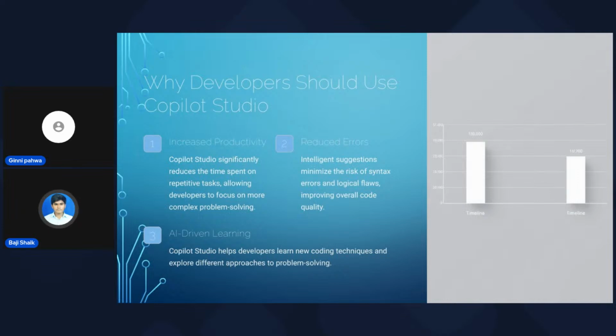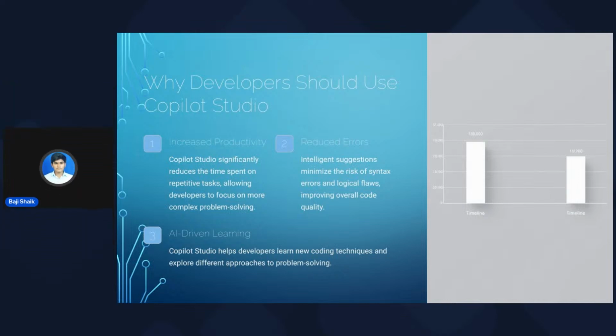So by using Copilot, we can simply rectify what types of errors and bugs we are facing. By using Copilot, we simply increase the quality of our code. And by increasing the quality of our code, the errors and bugs are automatically reduced.